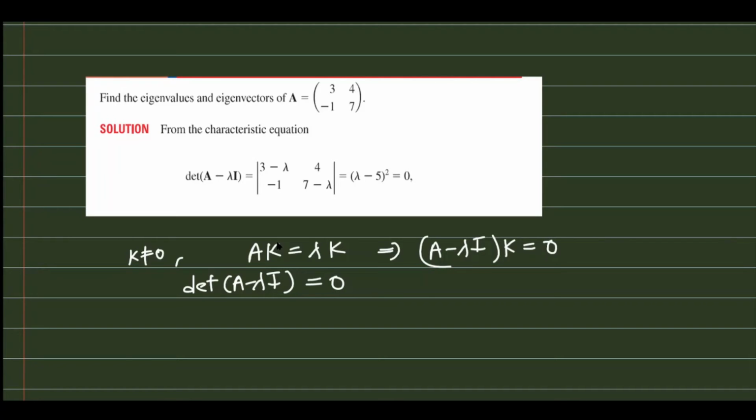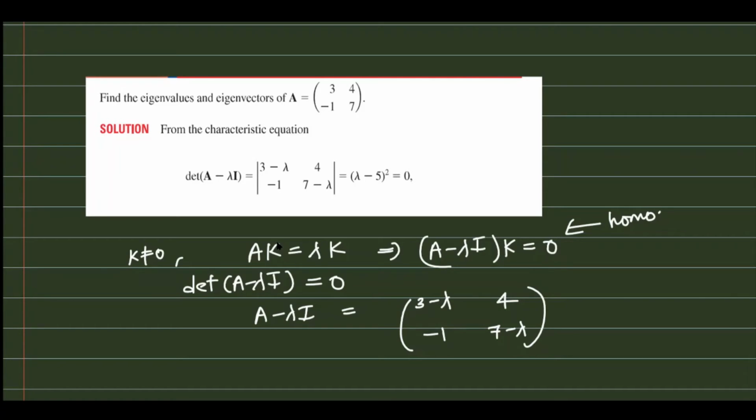This is a homogeneous system, so to get a non-trivial solution, we must have determinant of A minus lambda I equal to 0. A minus lambda I is the matrix [3 minus lambda, 4; minus 1, 7 minus lambda].